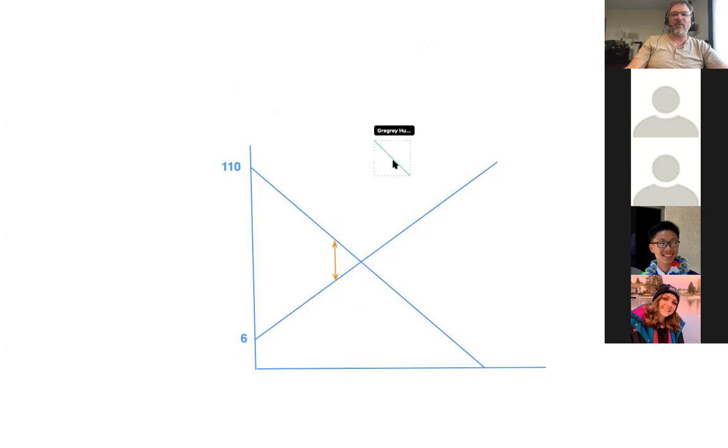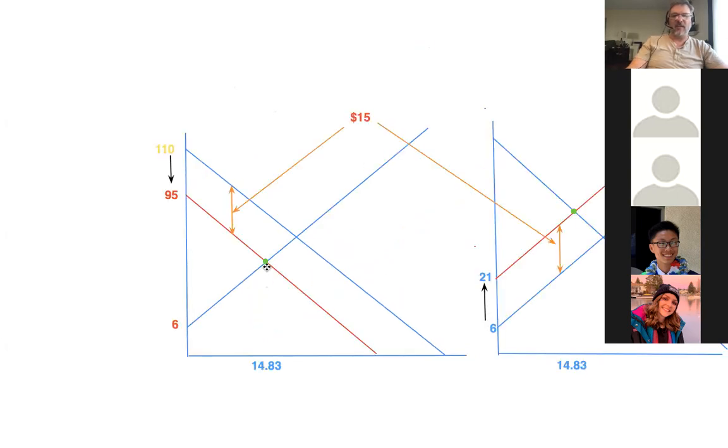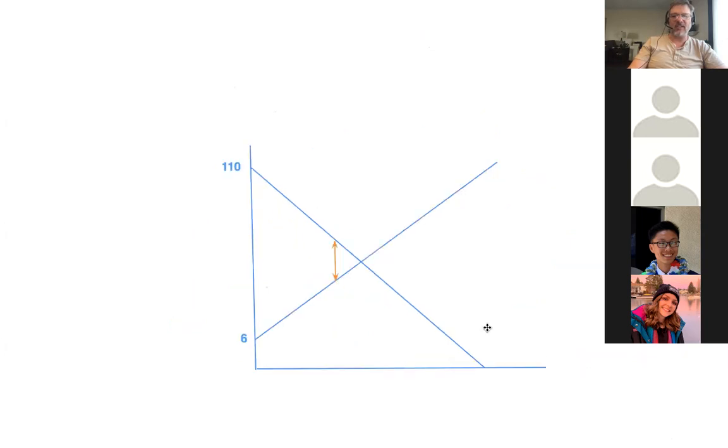But other than using the shifted demand or the shifted supply to find this green point, which is the after-tax equilibrium, which identifies the after-tax equilibrium quantity, those shifted demand and supply curves contain no other information for us. So that's why this tax wedge diagram is often used, because it's just simple.